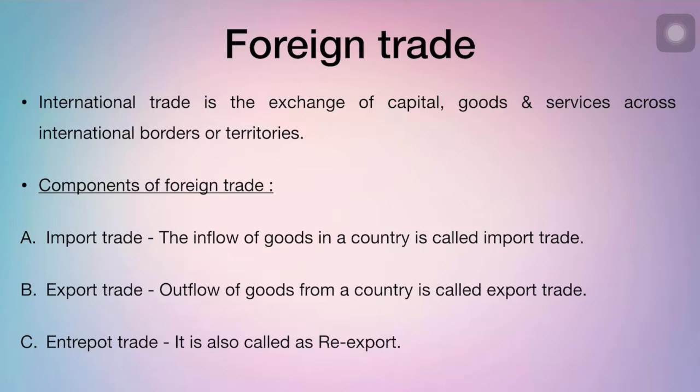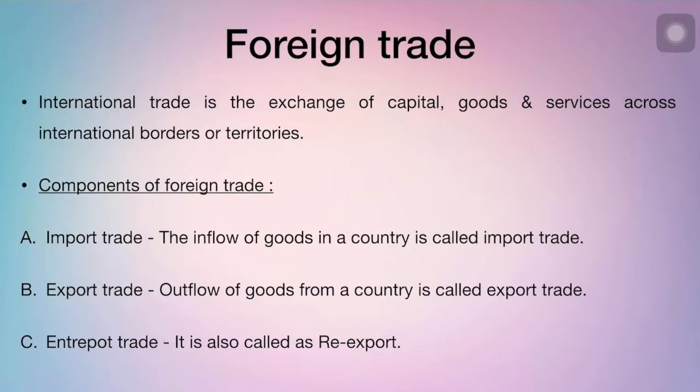Let's say, for example, Sri Lanka wants to import certain goods from Nepal. Now, you know the distance between Nepal and Sri Lanka is too long, right? Or let's assume the trade relationship between these two countries is not on good terms. So in between, we are going to act as a mediator, that is India.